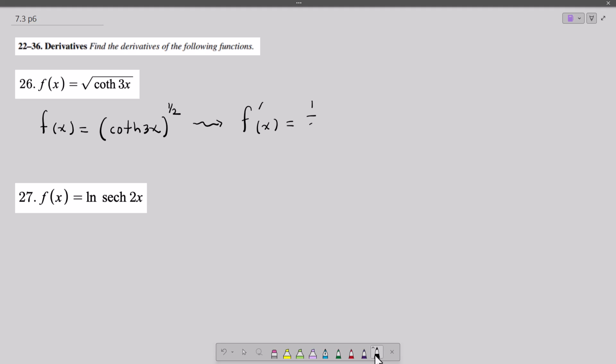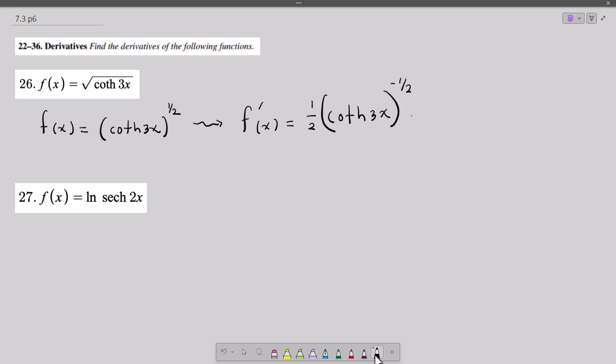So the 1/2 comes down, and then we're going to leave the base alone and subtract 1 from the exponent. So this will be cotangent of 3x quantity to the negative 1/2. So that's the power rule part. Bring the power down, subtract 1 from the exponent.